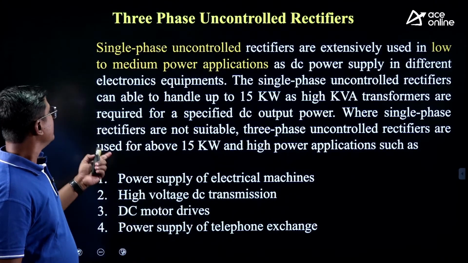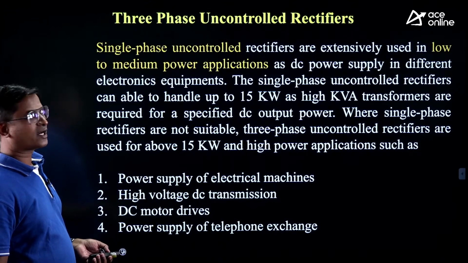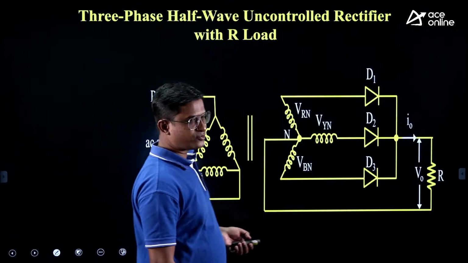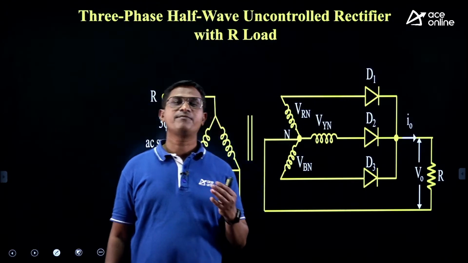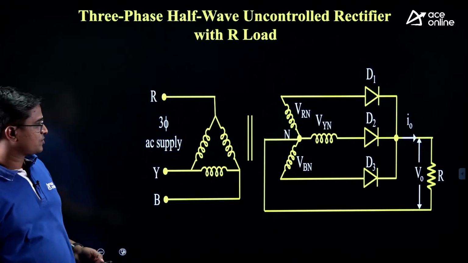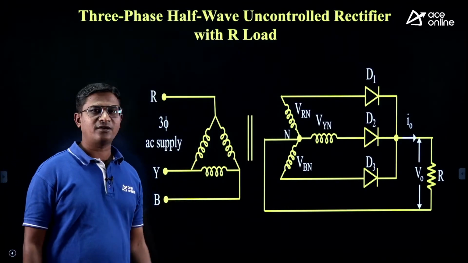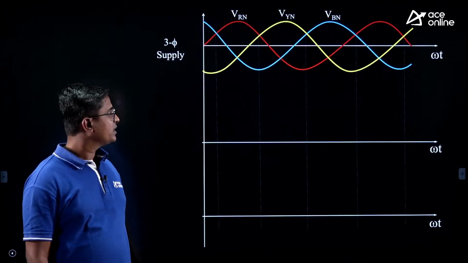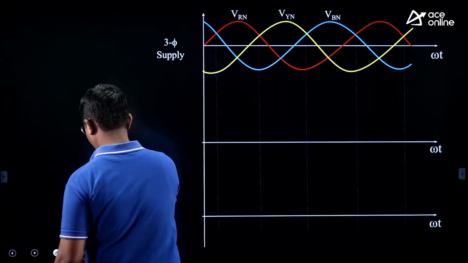Next, three-phase uncontrolled rectifiers. In three-phase rectifiers, we have three-phase 3 pulse, three-phase 6 pulse; three-phase 12 pulse is not there in your syllabus. So this is the circuit diagram for the three-phase half-wave uncontrolled rectifier.